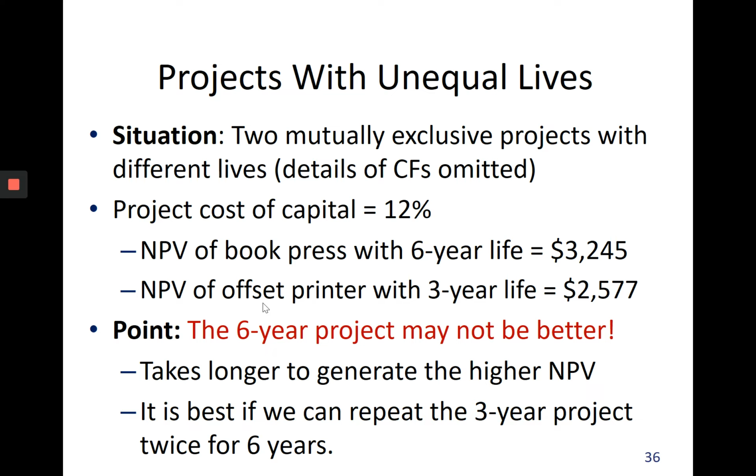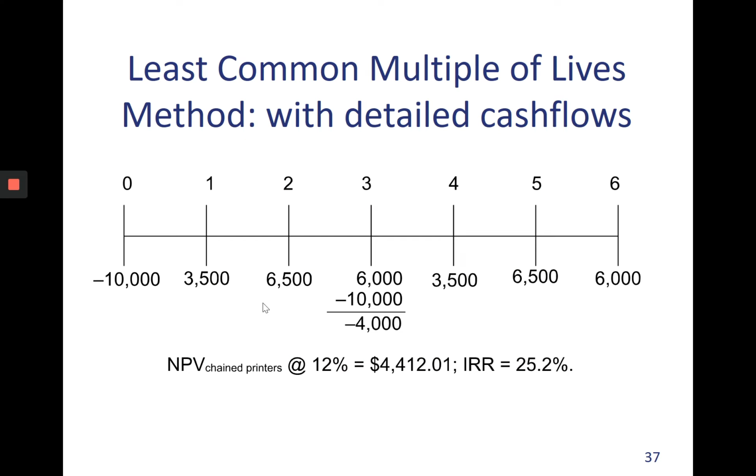Of course, that's a little simple-minded, but the underlying reason works. 6 years is a longer time to generate this $3,245 wealth. So it might be better to repeat the 3 year project twice for 6 years. Let's see how it works precisely, because in CFA you have to do precise calculations.